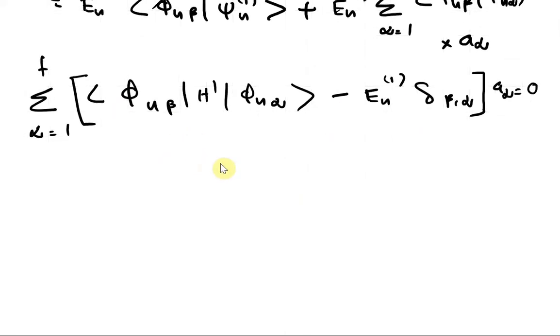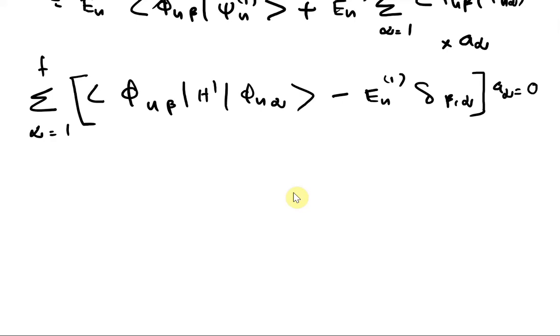So if you want to write it in matrix form, we can write this entire quantity. Alpha is running from 1 to f, and beta is also running on the same subspace, and the coefficient values can be from 1 to f.